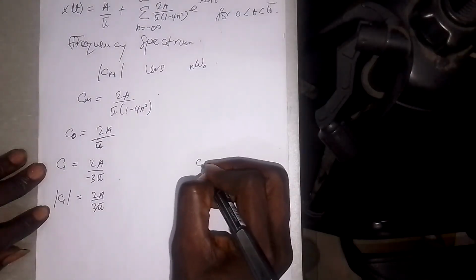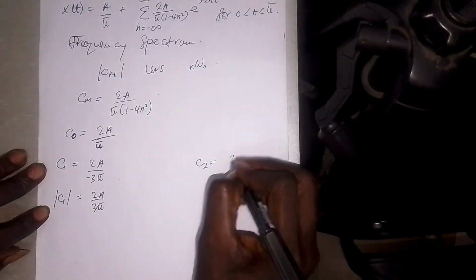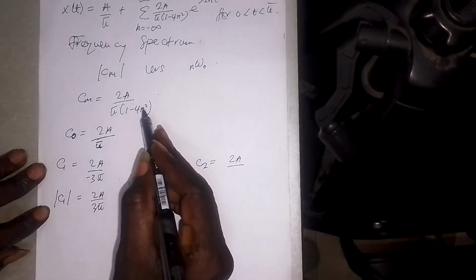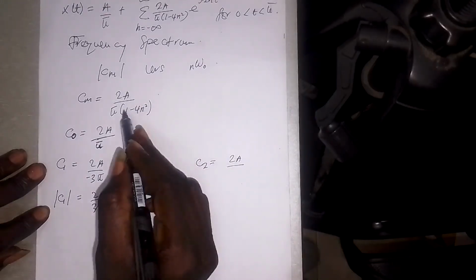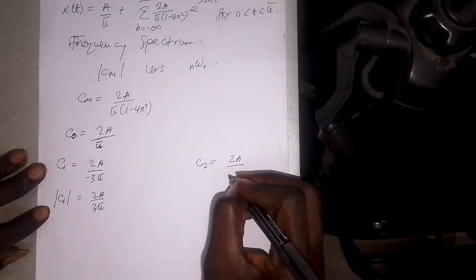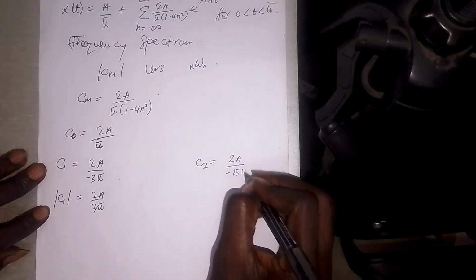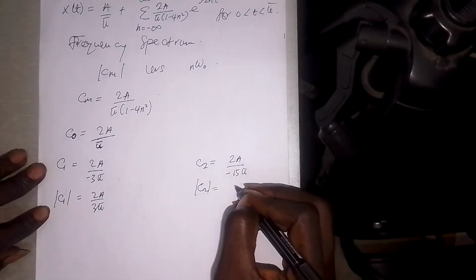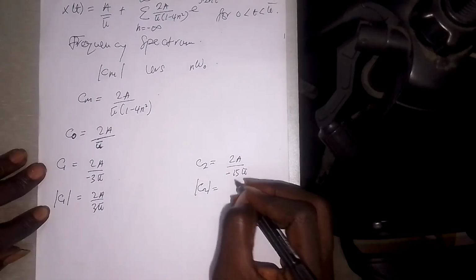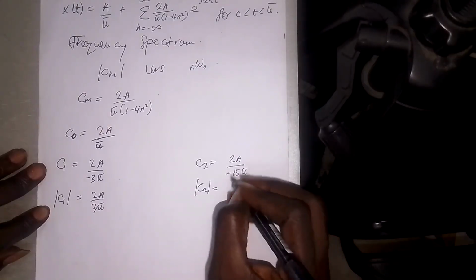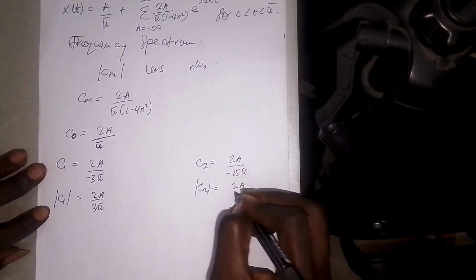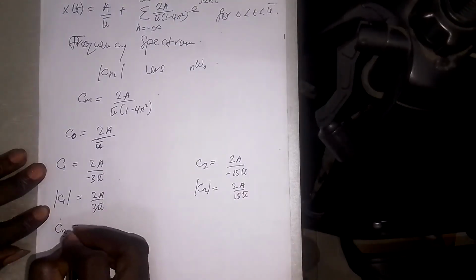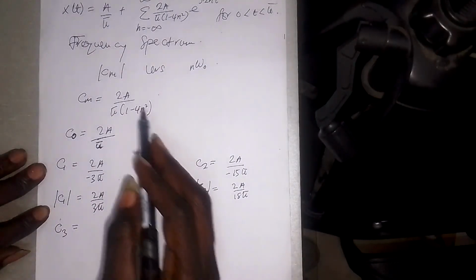Then let me find C2. If n is 2, it will become 4 times 4, 16, and 1 minus 16 is minus 15. So I'll get minus 15 pi. Then the mod of C2 is going to be 2A over 15 pi. Then let me go to C3.